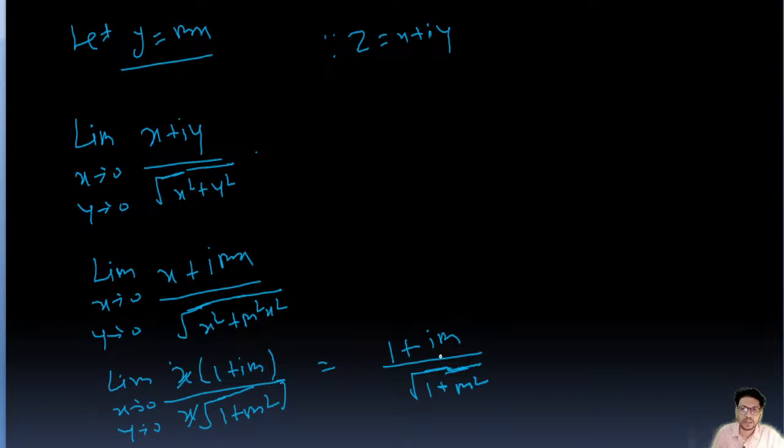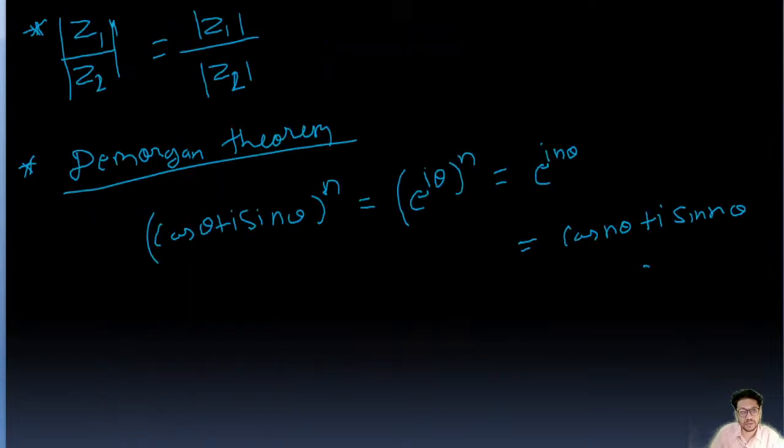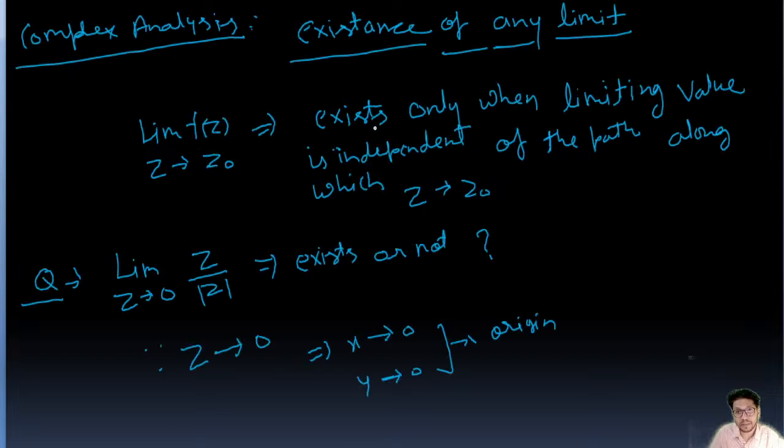Okay, so here you can see that there is an m term, right? So it depends on m, so the limit does not exist. I have already explained that this limit exists only when the limiting value is independent of the path along which z tends to z naught. Okay, so y equal to mx is the path, right?